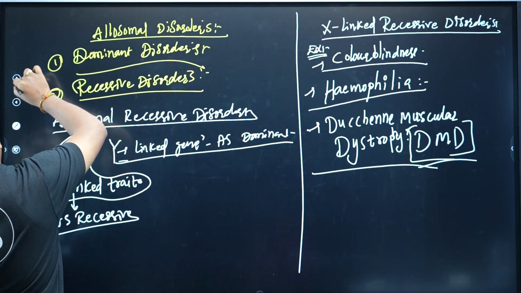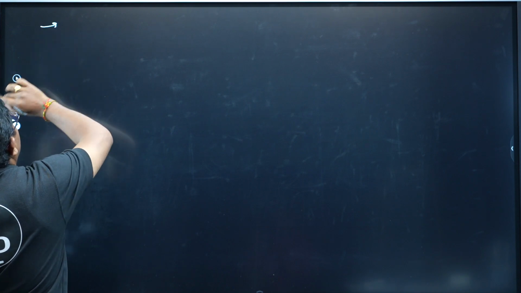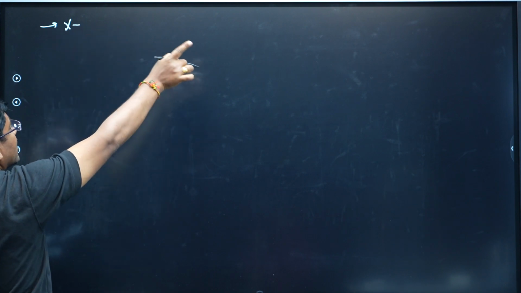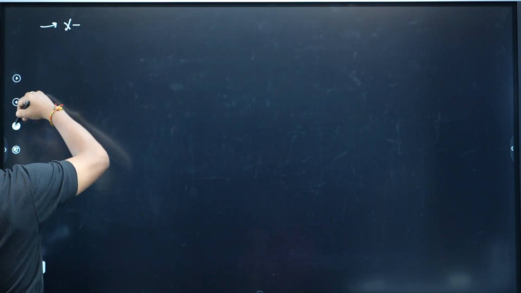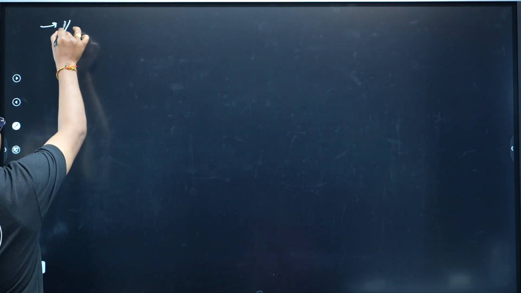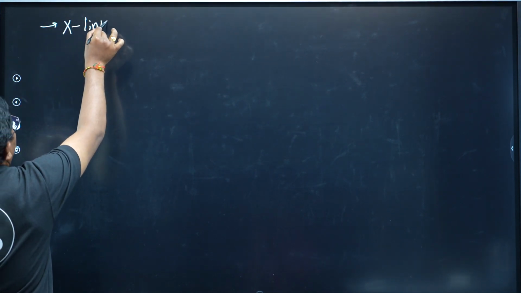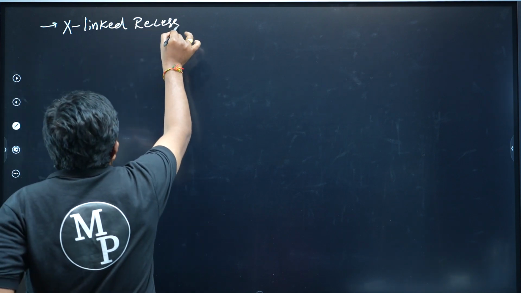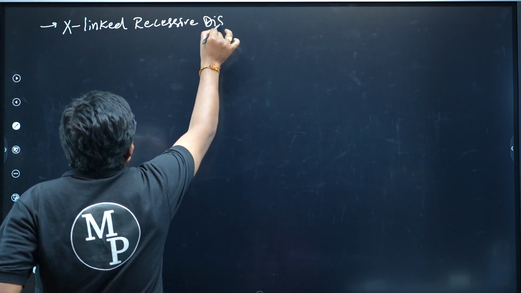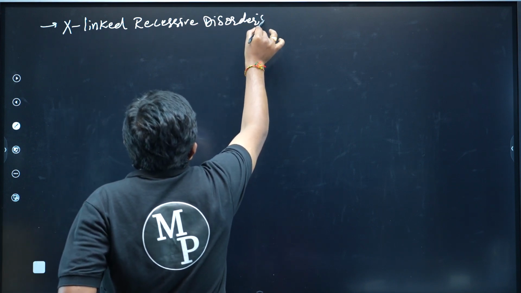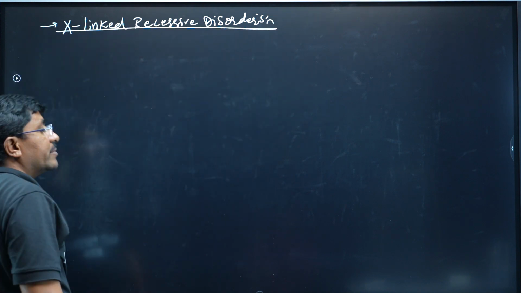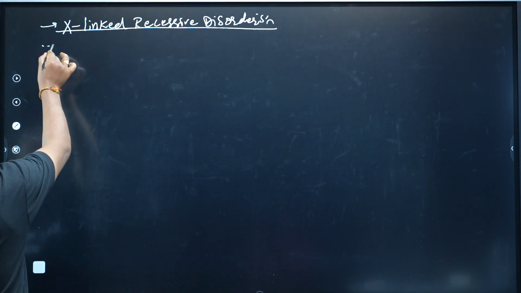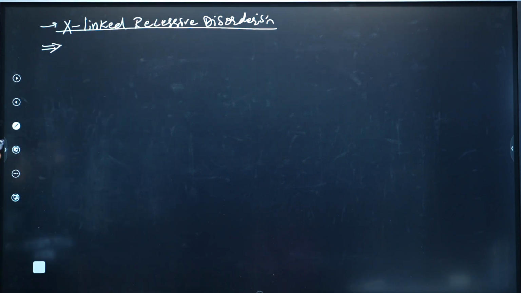First, our discussion should start with an X-linked recessive disorder, that is color blindness. First I want to give one clarity about this.